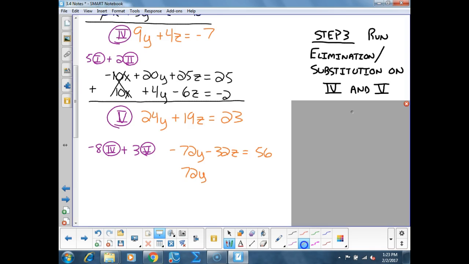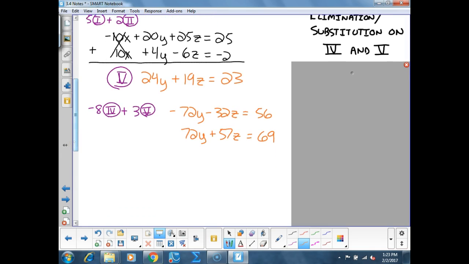Three times equation number 5 is 72y plus 57z equals 69. So I get z equals 5.